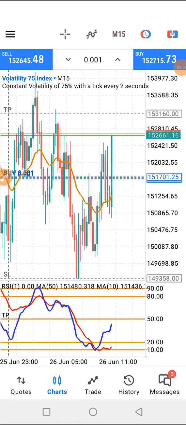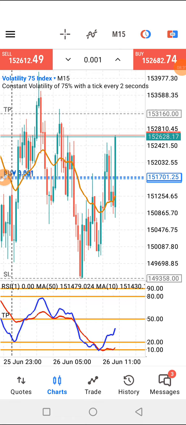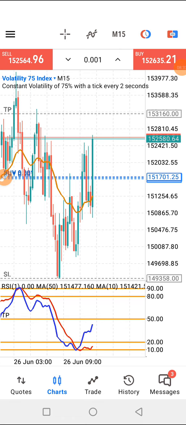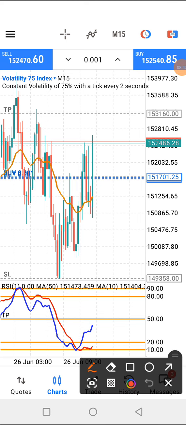So let me show you something, because I have to pause the video like I said, just to clarify things better for you guys. Now when you take a good look at this point, you notice that price made a bit of drawdown, right?